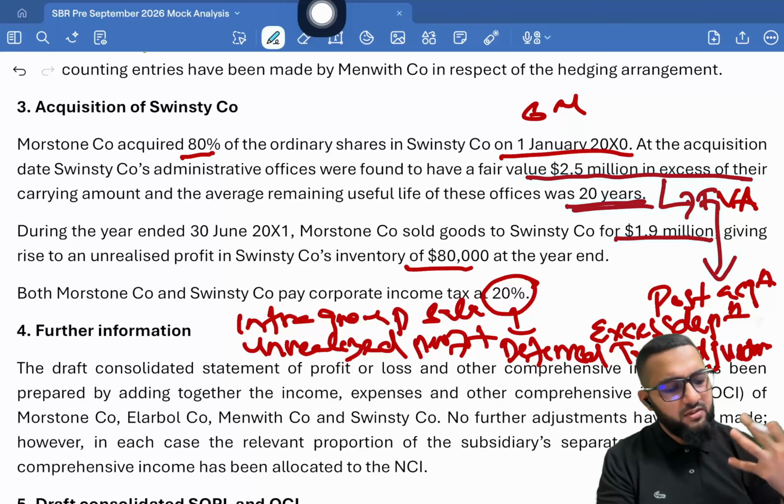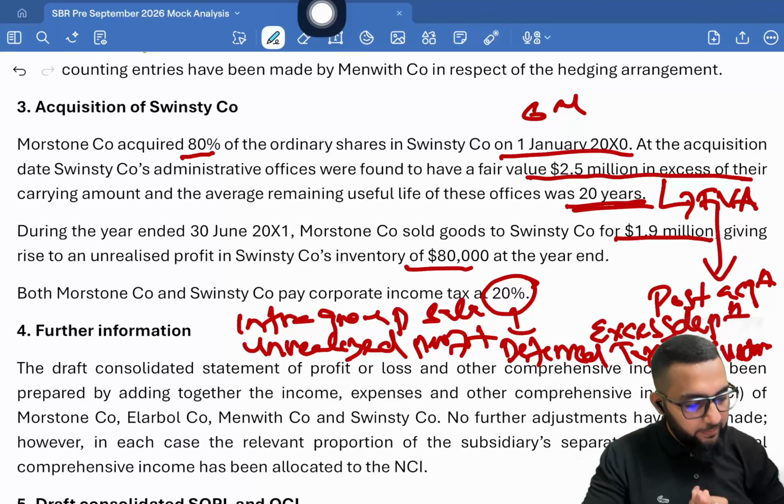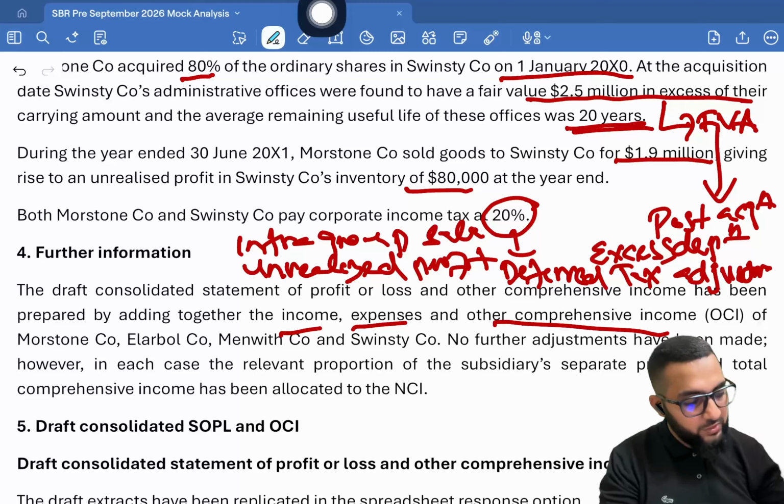As you read the exhibit, you understand these are the requirements you will have to fulfill. Further information, Exhibit 4. The draft consolidated statement of profit or loss and other comprehensive income has been prepared by adding together the income, expenses, and other comprehensive income of Morstone Co., Elabol Co., Menwith Co., and Swinstico. No further adjustments have been made. However, in each case, the relevant proportion of subsidiaries' separate profits and total comprehensive income has been allocated to the NCI.